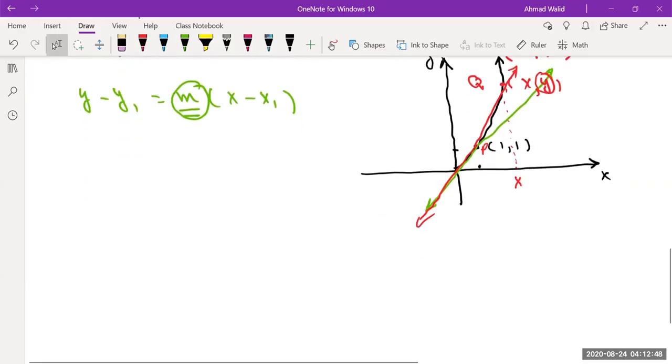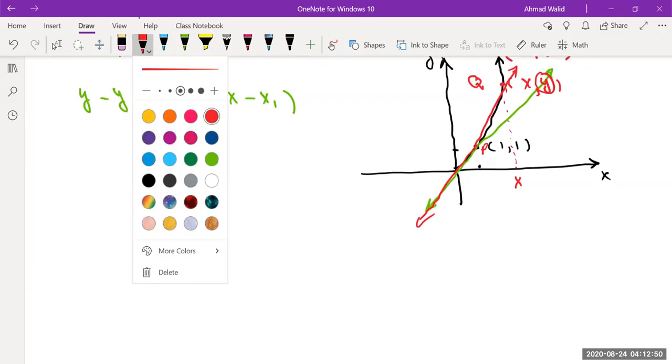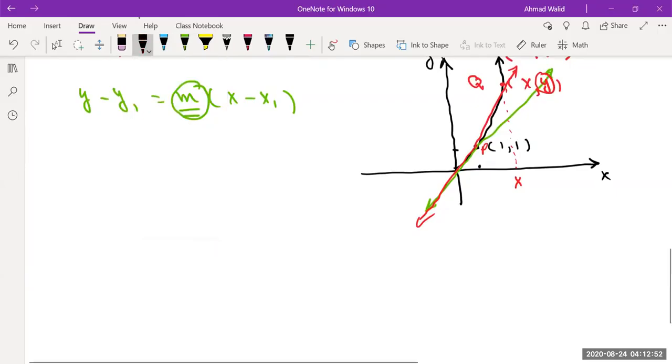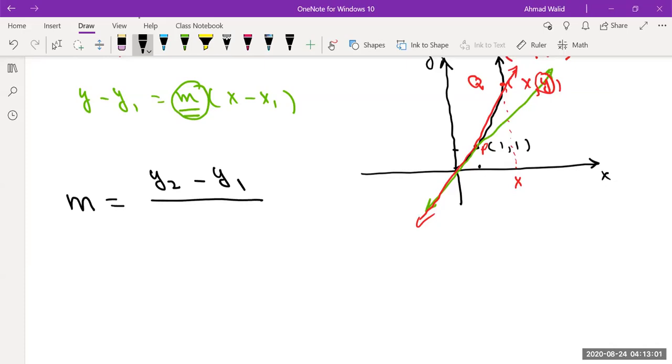Okay, I'm sure you remember the simple slope formula, which is m equals y2 minus y1 over x2 minus x1. Now I'll name the slope of the secant line m secant, because first I want to find the slope of the secant line.